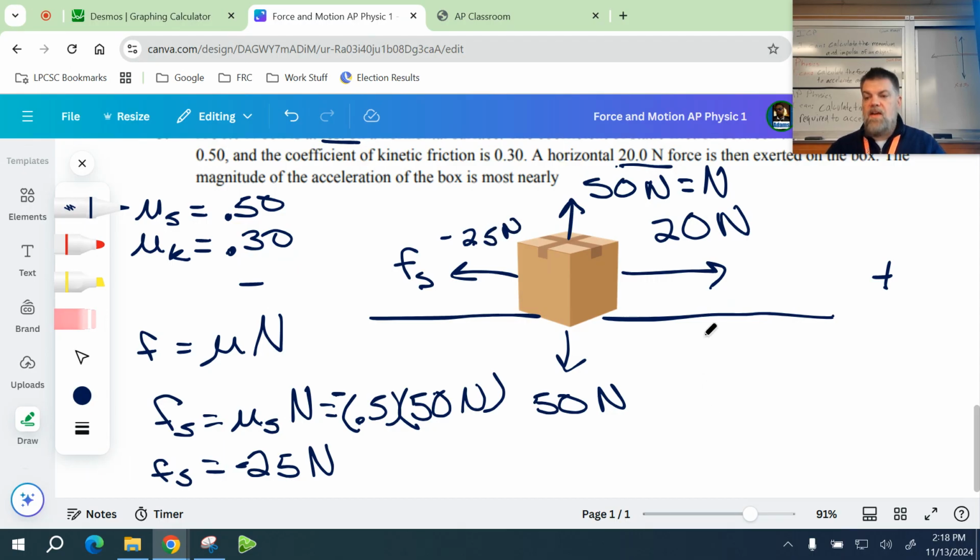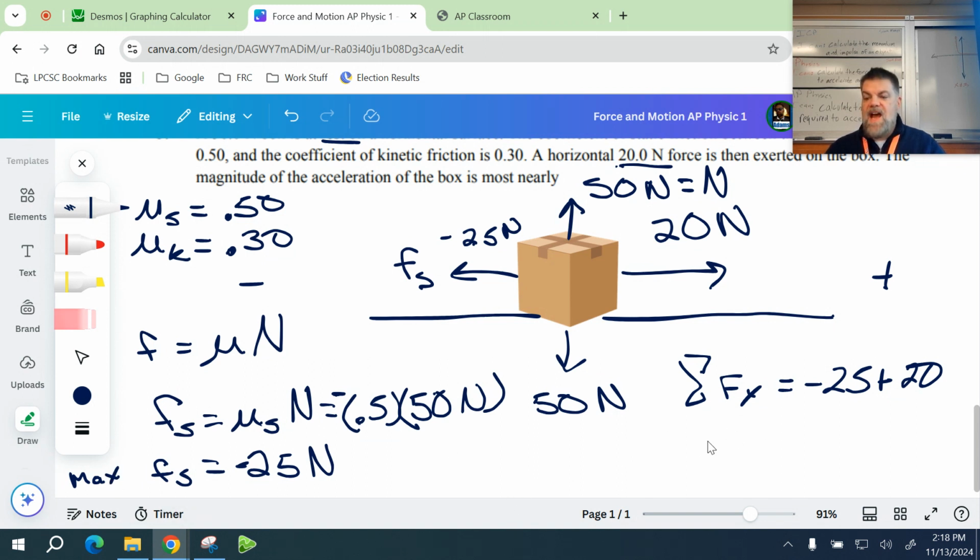So what is our net force? Well, our net force, if we sum up all the forces in the x direction, is going to be negative 25 plus 20. We're not actually moving because this is our maximum frictional force. In other words, it's not pulling on it. That's the force that we have to overcome.